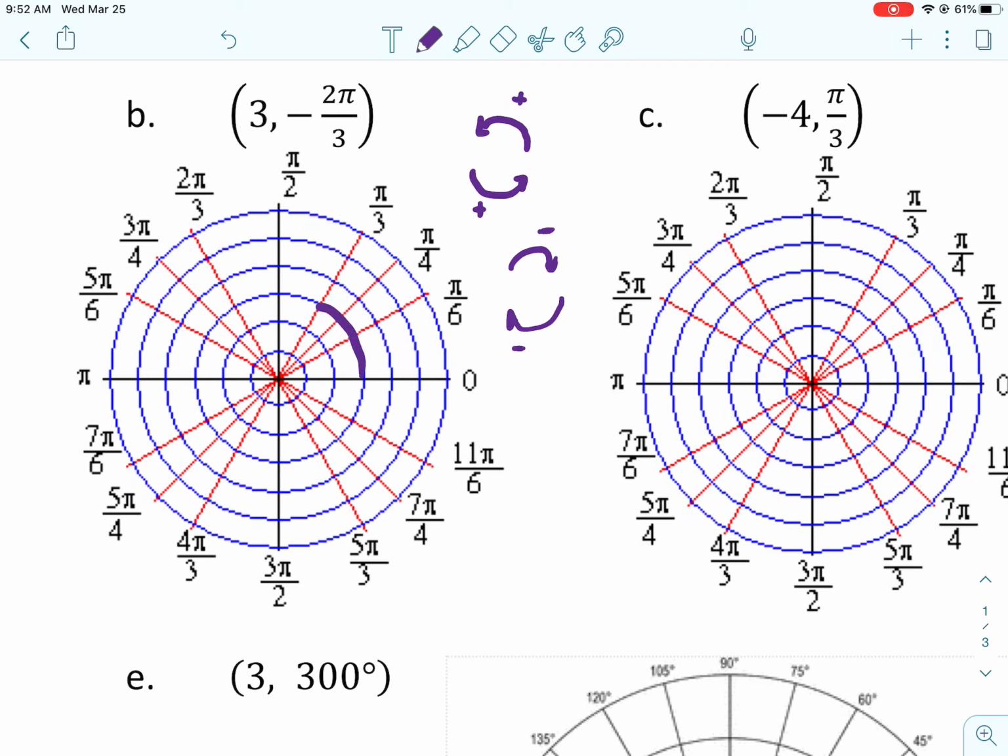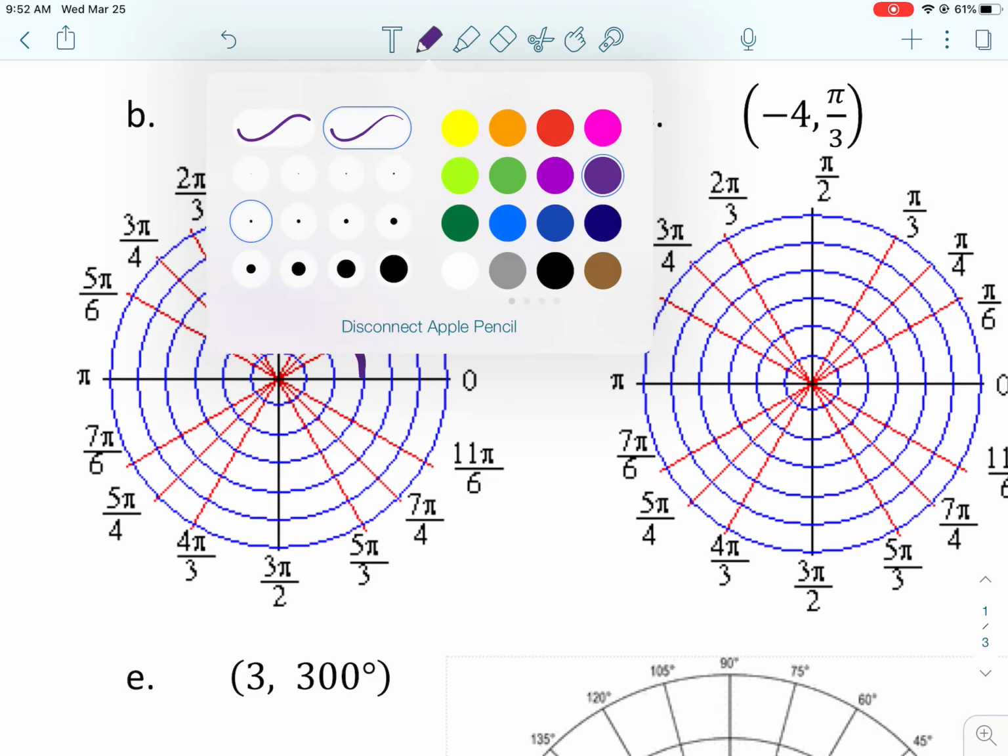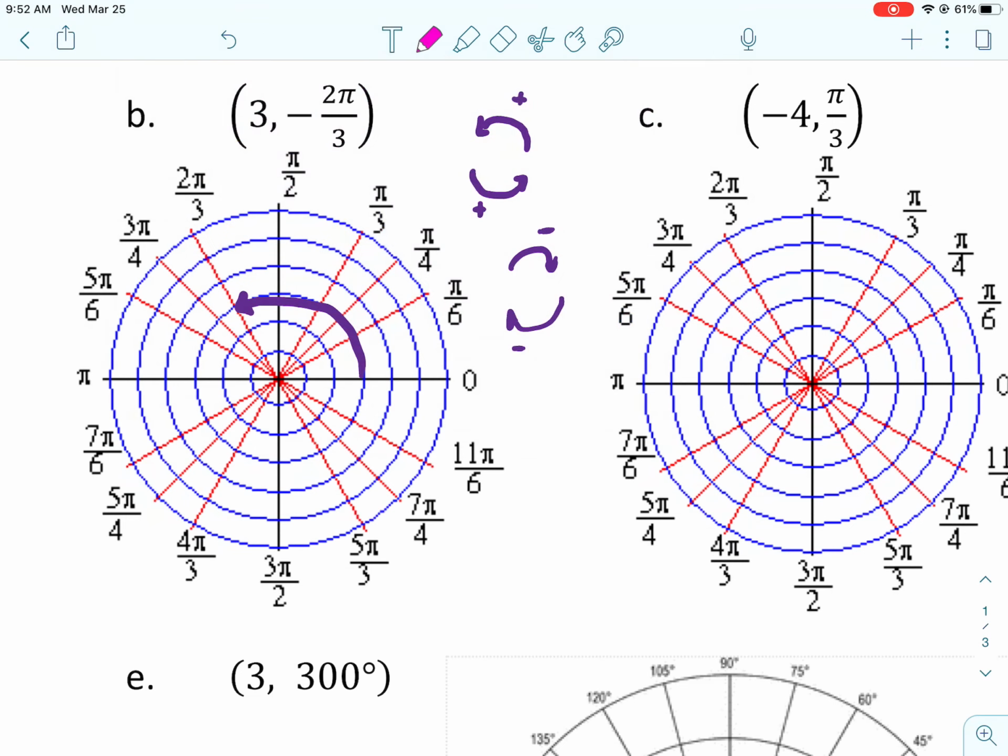What we're going to do in this one is go 3 circles out and then rotate in the negative direction, to the same rotation as it would be to go to 2 pi over 3. We have to rotate that in the negative direction. So we move 3 circles out, and that's going to take us to 4 pi over 3. So this is our point.